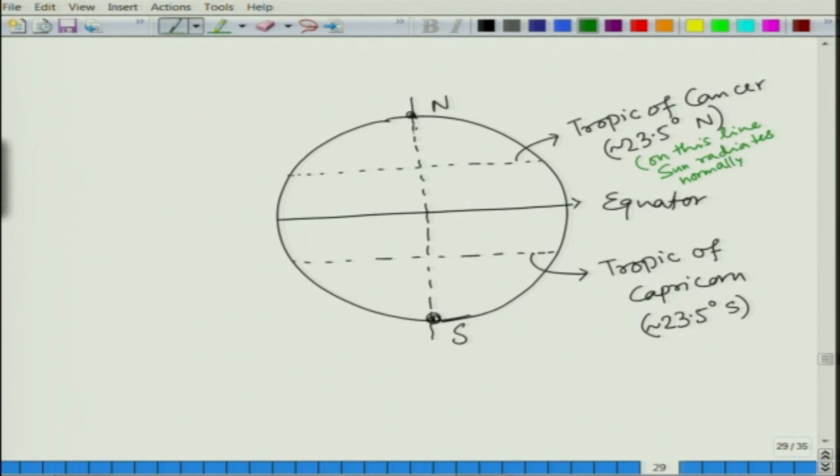sun radiates normally on 21st June, which is the summer solstice.